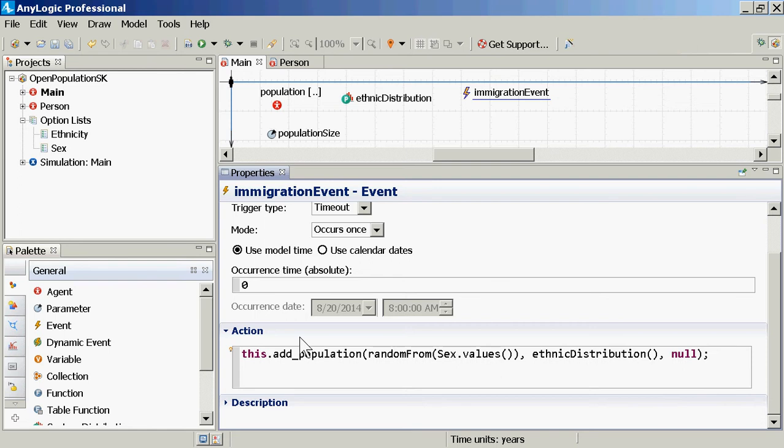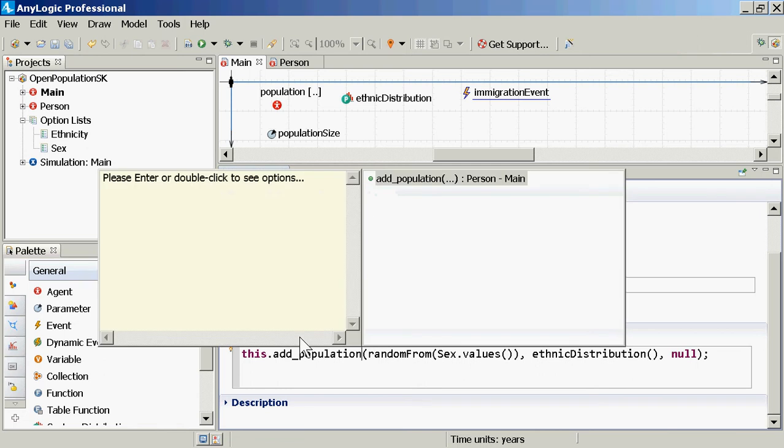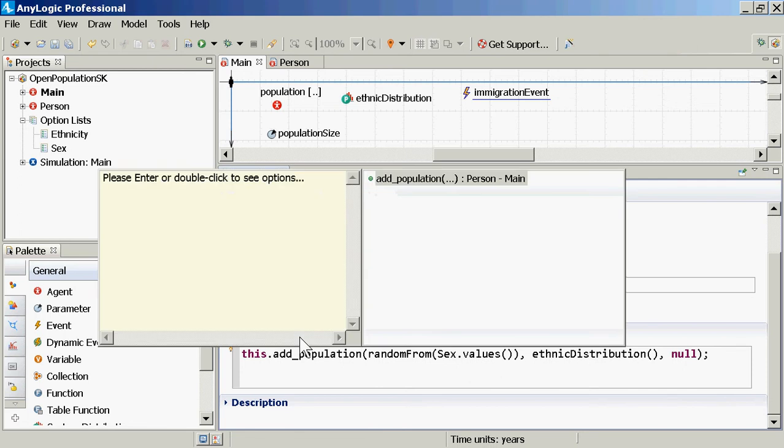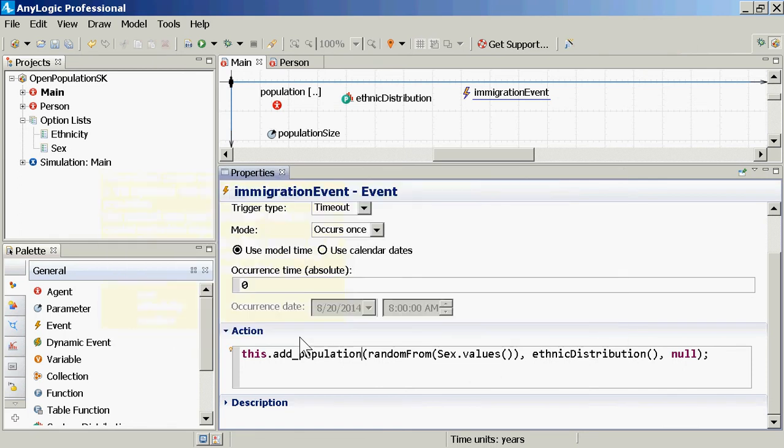You notice, this is very important, add population takes things, in general, these so-called functions in any logic, they take things in a particular order. So this one, for example, will take sex first, and then it will take ethnicity, then mother. So you have to give a value for sex, a value for ethnic distribution, and a value for mother.